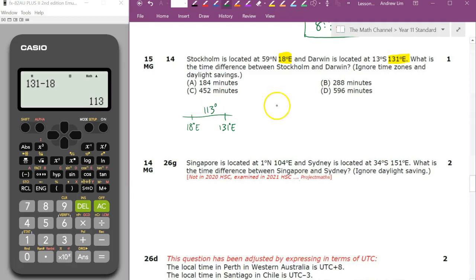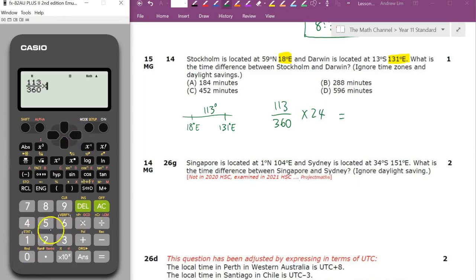Alright, so the time difference is 113 out of 360 because there are 360 degrees in a circle. We're going to times it by 24 because there are 24 hours in a day. And let's see what we get. 113 over 360 times 24. 7.53 recurring. Let's turn that into hours and minutes. That's 7 hours and 32 minutes.